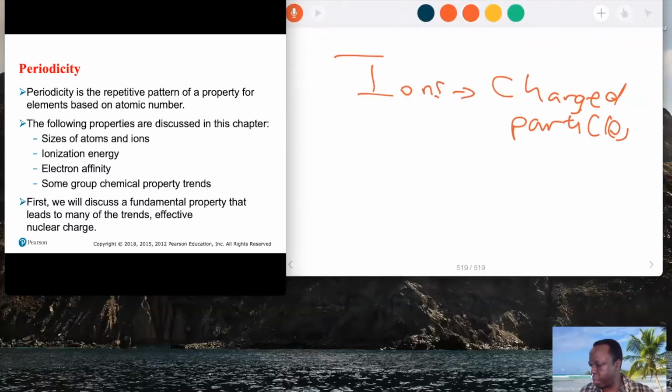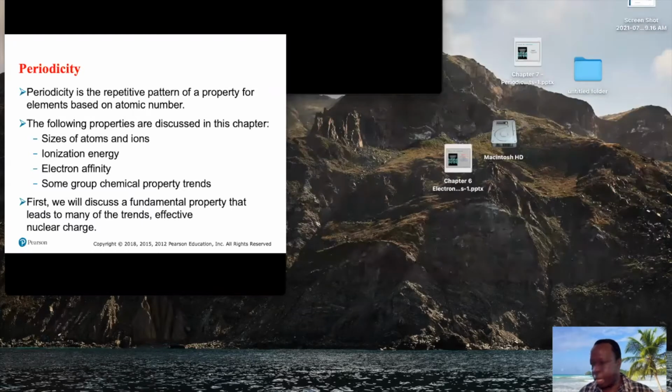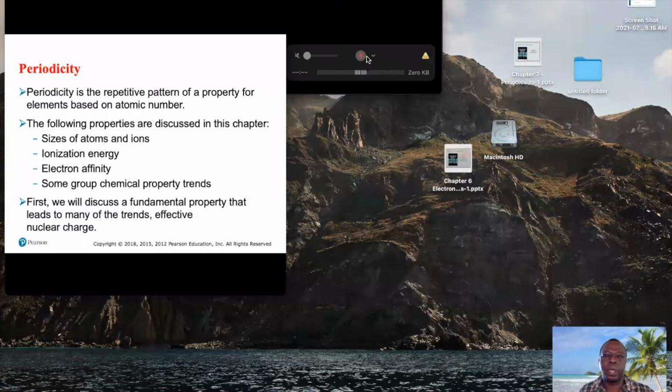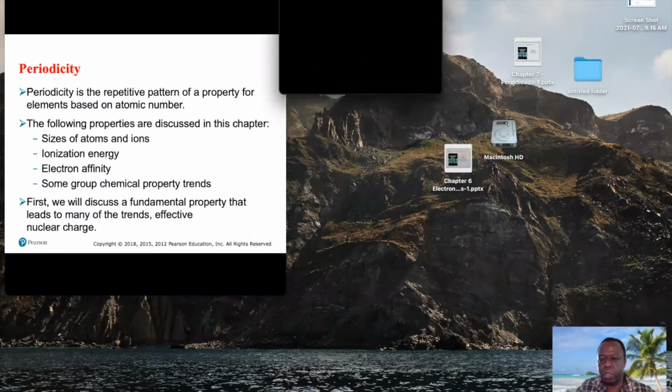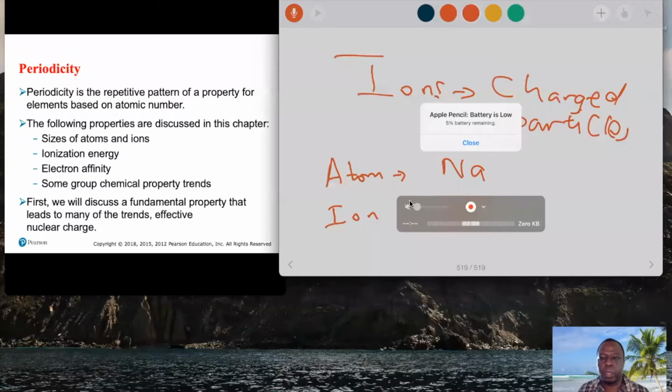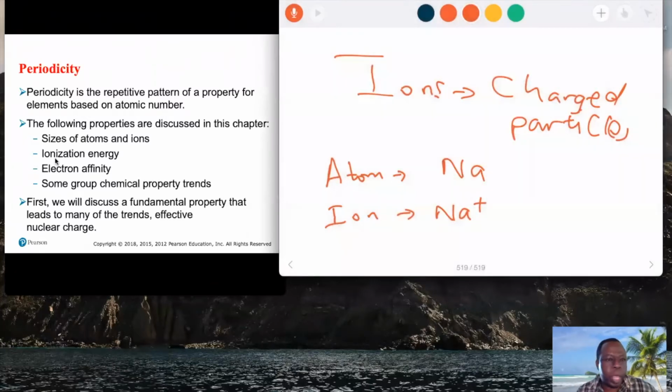If I have here an atom, this is just a neutral atom, but the ion, the sodium ion in this case, Na positive, is what we call the ion. And there is a repeating pattern here which will be changing. Ionization energy, we'll also look at the trend on ionization energy.